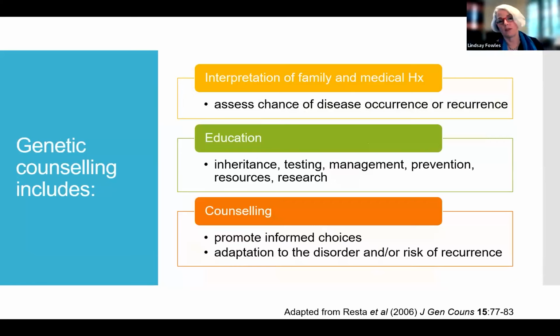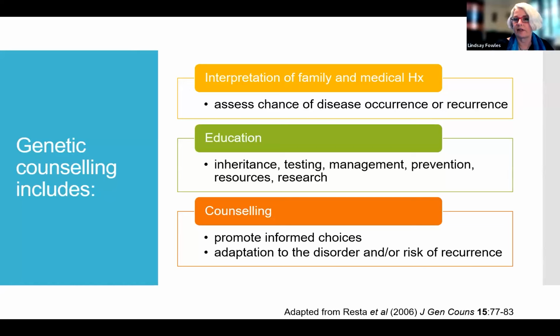So these are the types of things we cover in a genetic counselling session. To understand what happens for a condition, we want to know about their family history, and we want to know about that person's medical history. It helps us understand, is the particular condition in this family actually an inherited version of the condition? It'll give us an idea of the likelihood of the condition occurring again in this family, and if there's likely to be any genetic testing which can give some clarity around that.